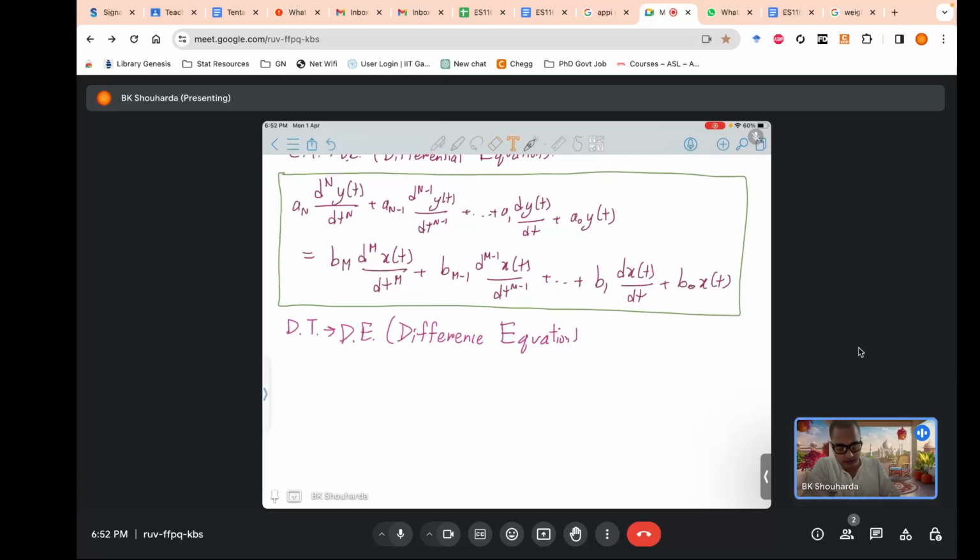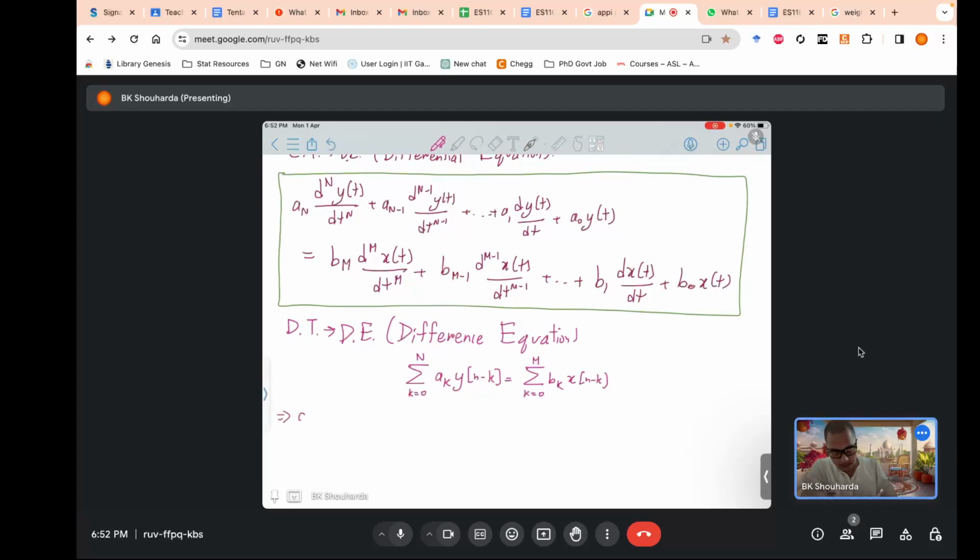So in a very short, we can write summation k equal to 0 till N a_k y[n minus k] equals summation k equal to 0 till M b_k x[n minus k]. How does that look like?